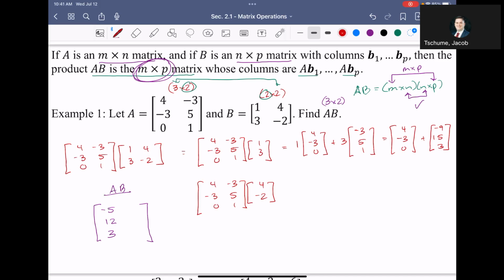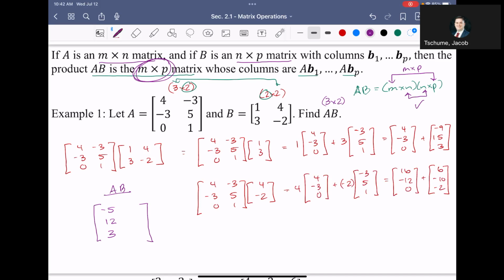Repeating the process, now for my matrix A times the second column of B, you would take the coefficient 4 times the first column plus the second coefficient -2 times the second column. This is going to end up giving you 16, -12, 0, plus 6, -10, -2.